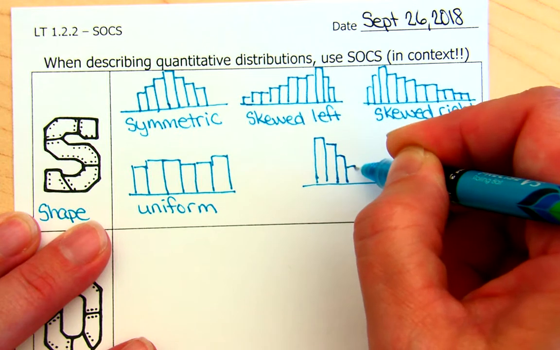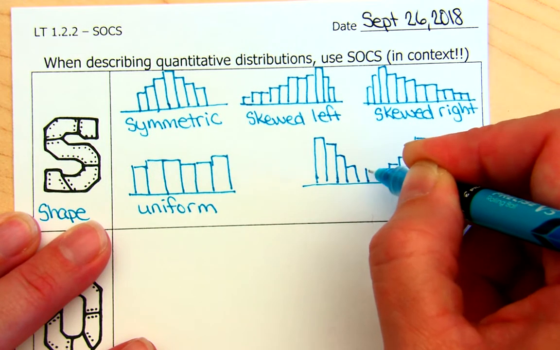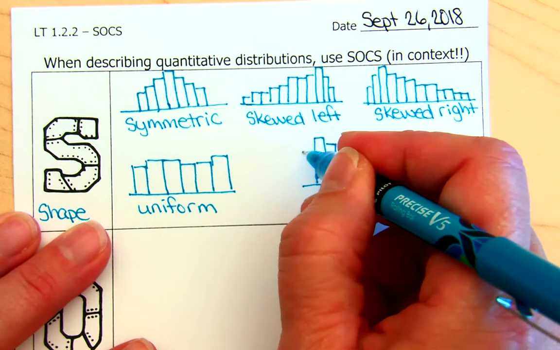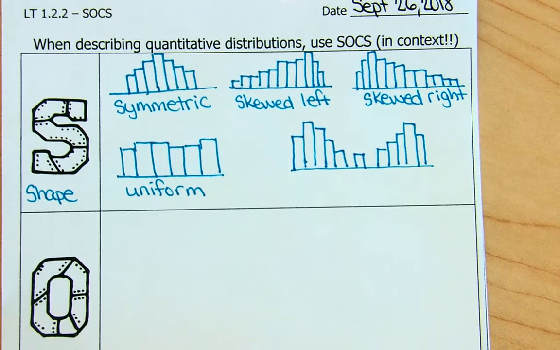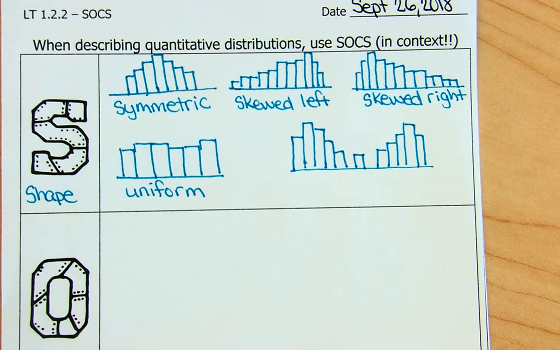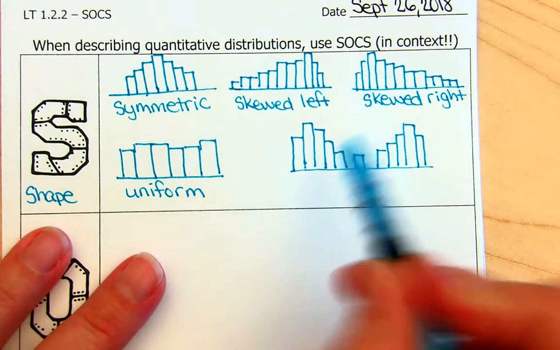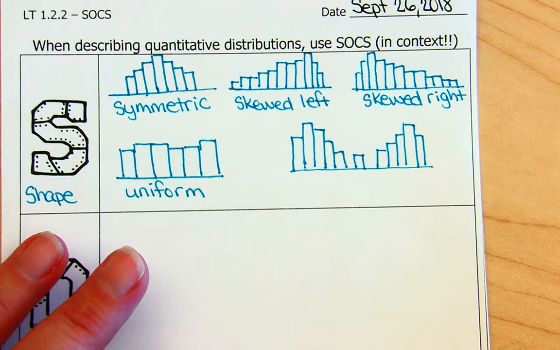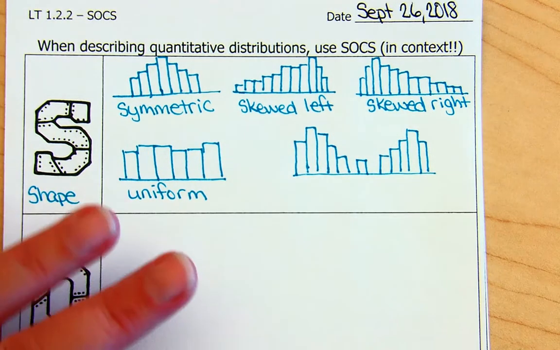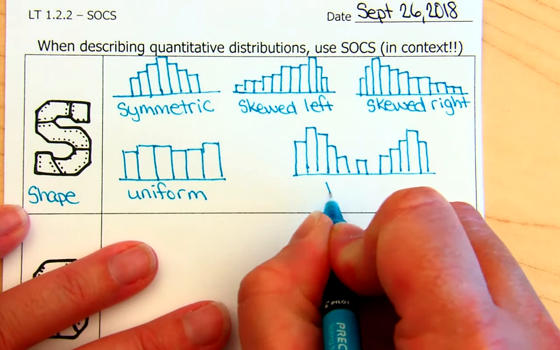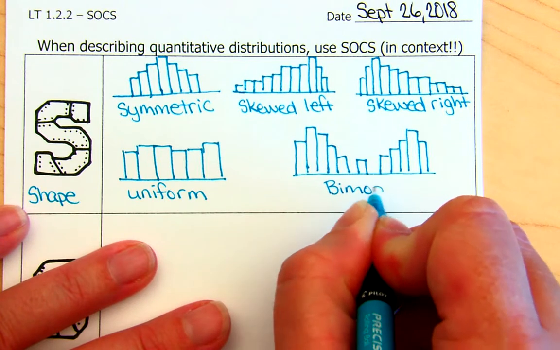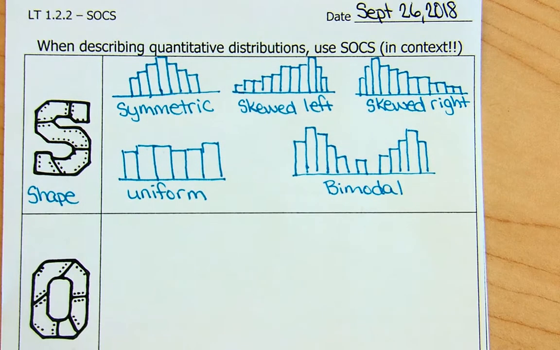The field goal. So it's taller on the outside, but shorter in the middle. Okay. So it's kind of like a half pipe. Oh, it is? So this is bimodal. There's a mode over here and a mode over here. Okay, so there are two peaks and a valley in between them.